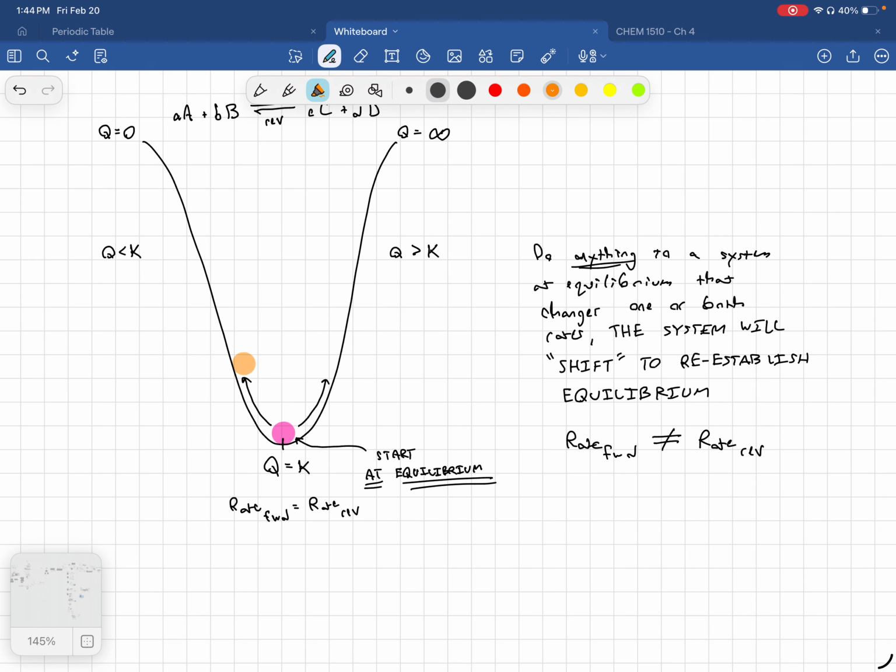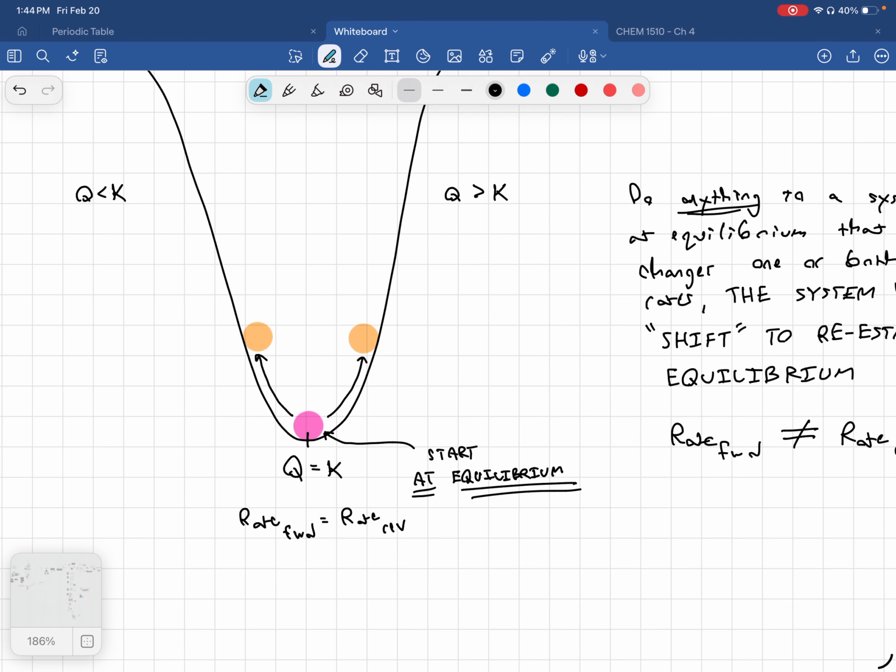But if we do something that pushes the ball up the left side or the right side, okay, then the system, so we are doing something that causes Q to become less than K, or we made Q increase relative to K. Then in this case, the system is going to shift to the left to return to equilibrium because the ball is going to roll back down the hill again.